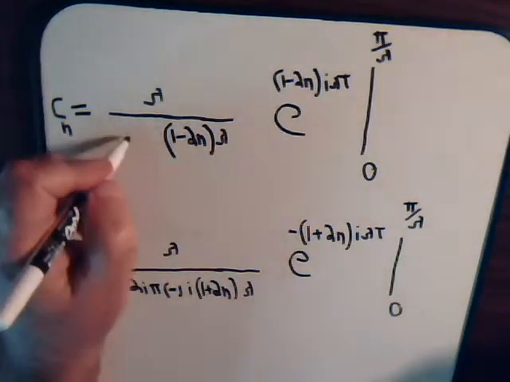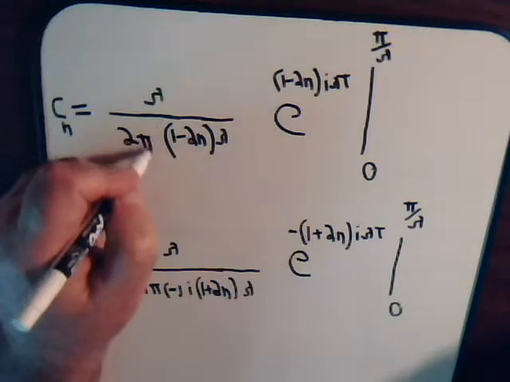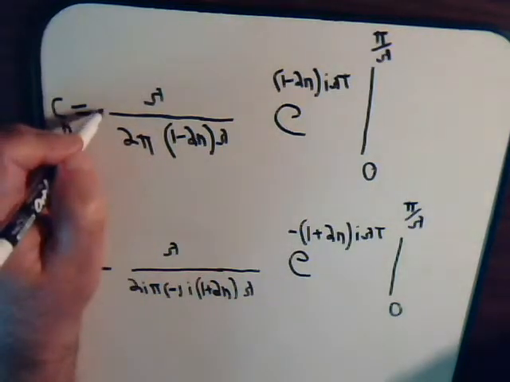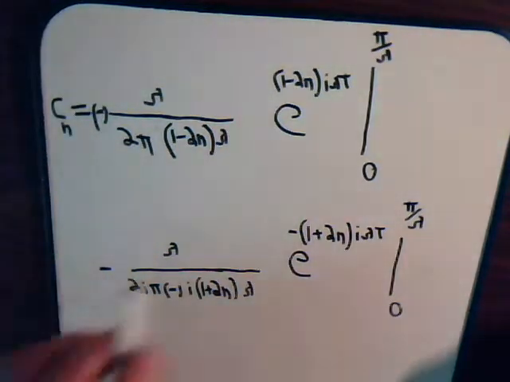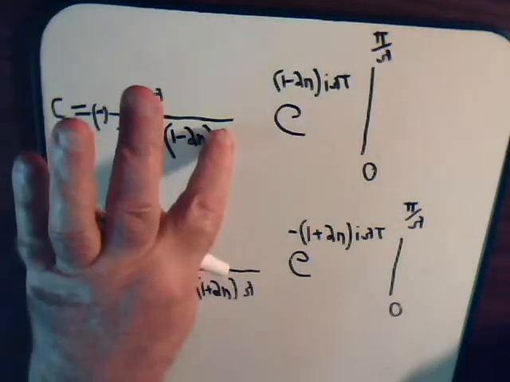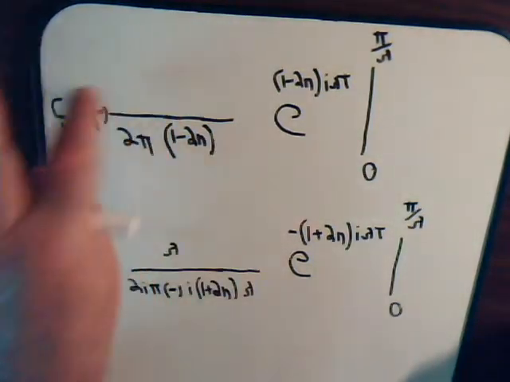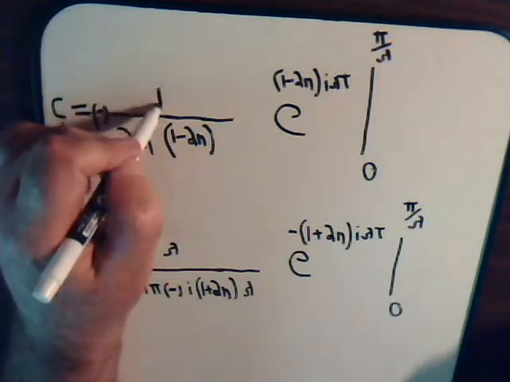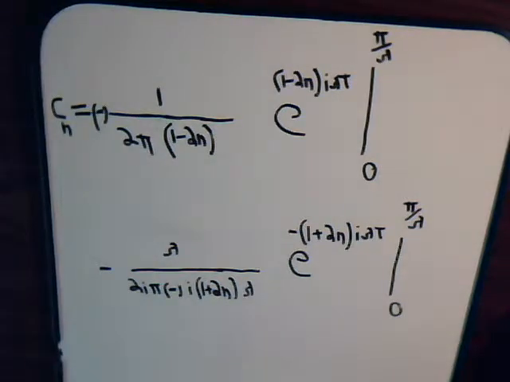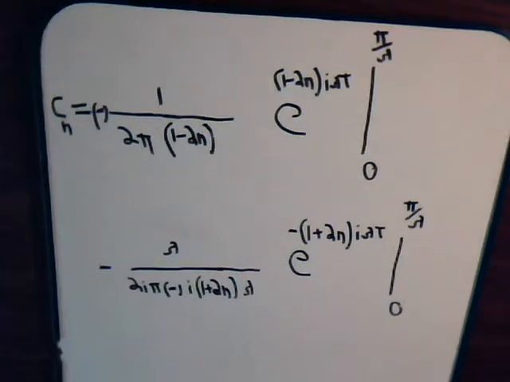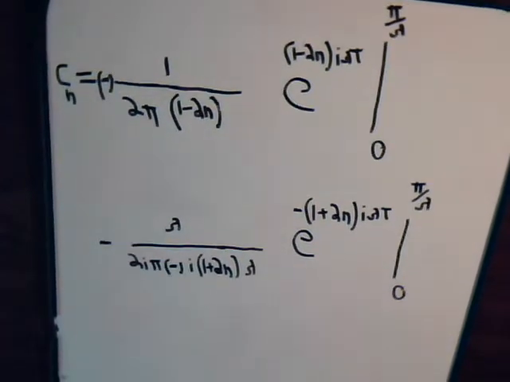So we have 2 pi. The minus sign, the lambdas will cancel. So this part is 1 over 2 pi times 1 minus 2n. And let's take a look at this one.